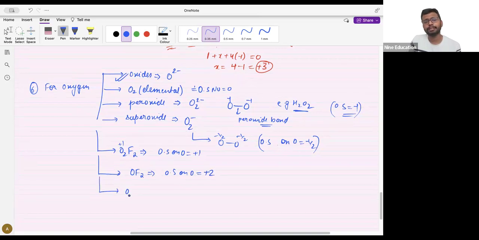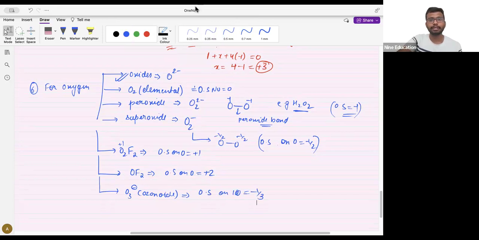Some examples, let's say O3-. This is known as ozonoid. We have done this in ozonolysis of alkenes; we formed ozonoid in ozonolysis. See, here the oxidation state on 1 oxygen is -1/3. Remember this.